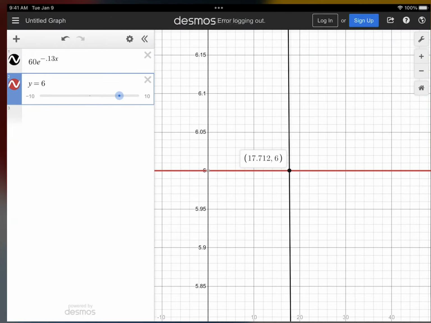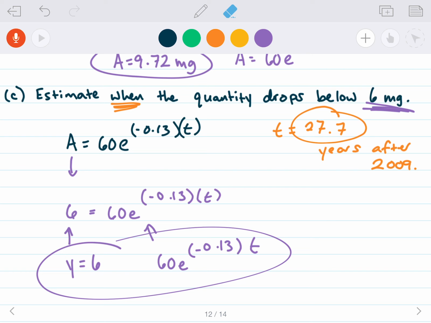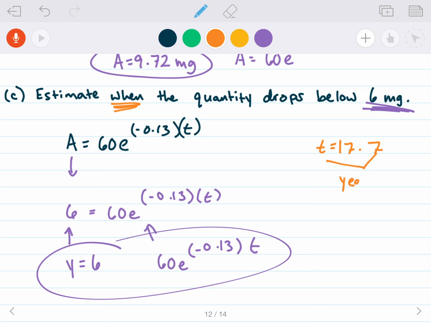Let's double check this. Sorry, not 27.7. Don't know where I got that from. 17.7. Let's put that back in. So t is equal to 17.7. And recall, this is the years after 2009.